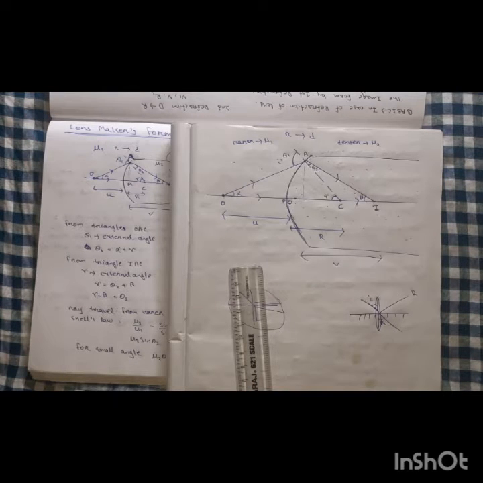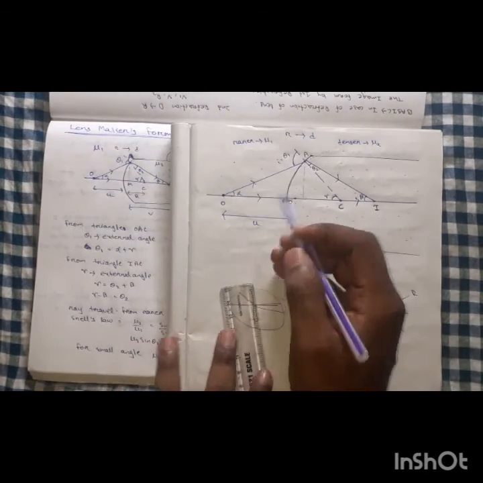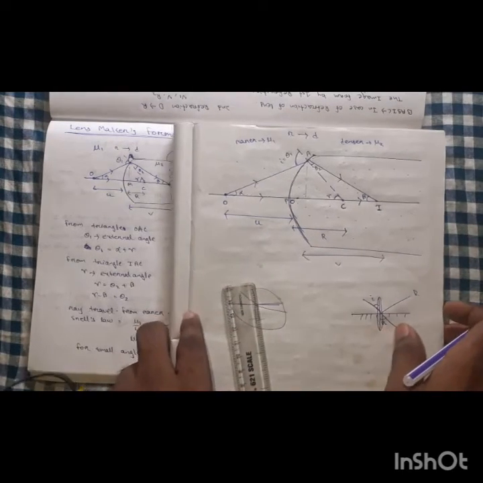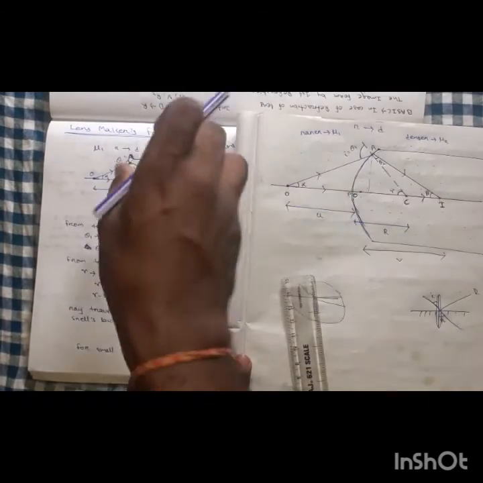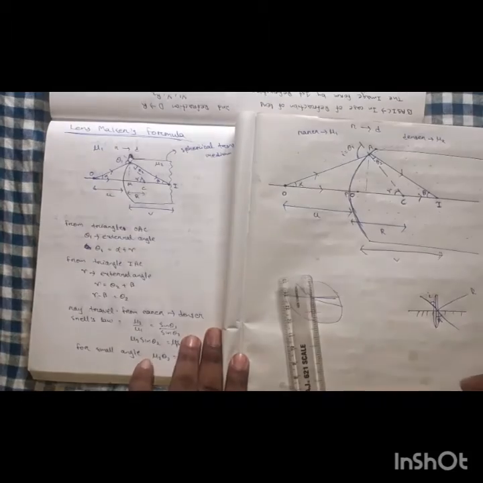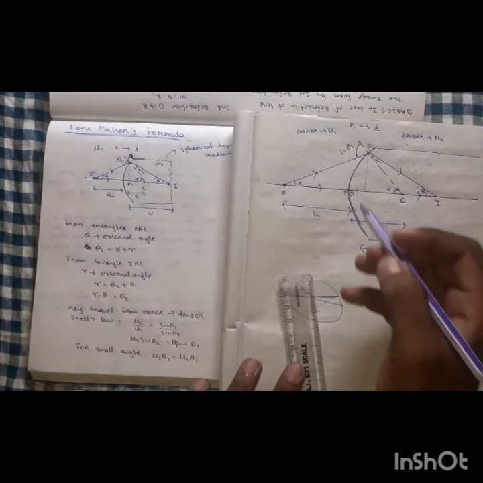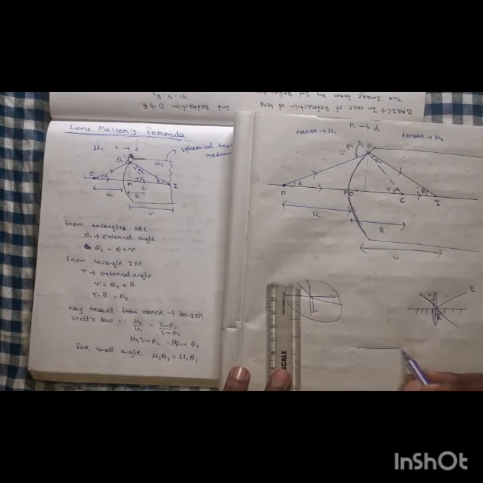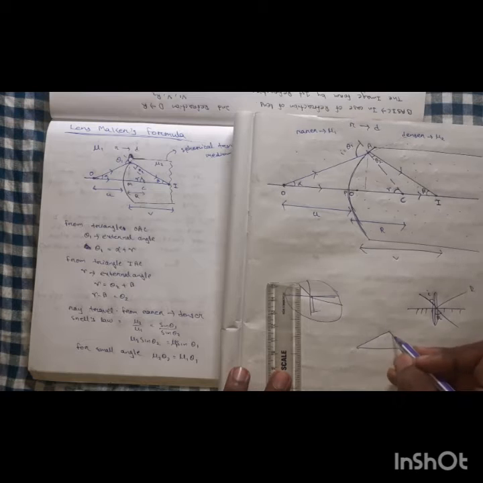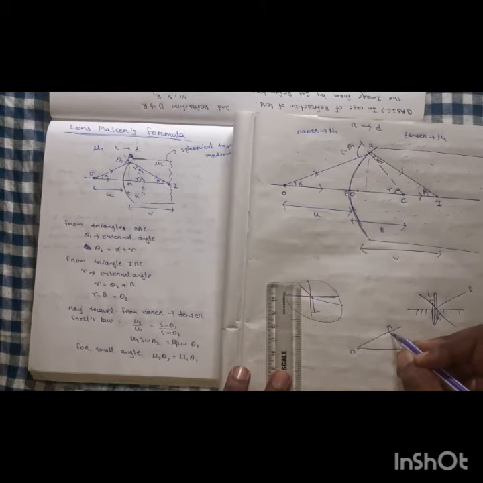Nothing to worry about. Then listen, if I consider this, we start our topic. This is the same, a small diagram of this. Then from triangle OAC, I draw the diagram again here, OAC.